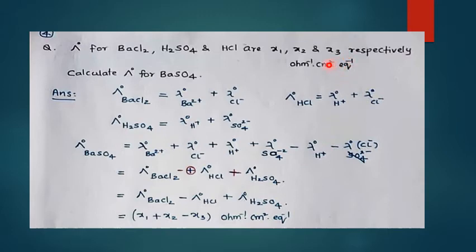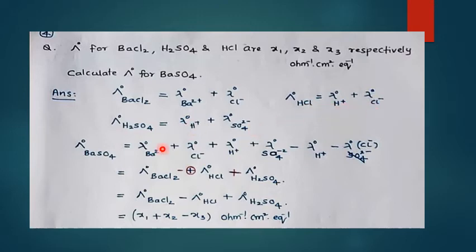Same procedure as before, BaCl2, Ba2 plus Cl minus. I haven't used any 2 here, but in the earlier case we used 2 times lambda Cl minus naught because that one is molar conductivity, but this is equivalent conductivity. That is the difference. H2SO4 only H plus and SO4 2 minus, HCl H plus Cl minus.